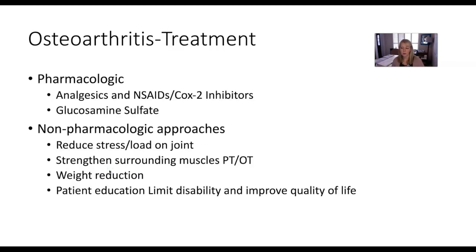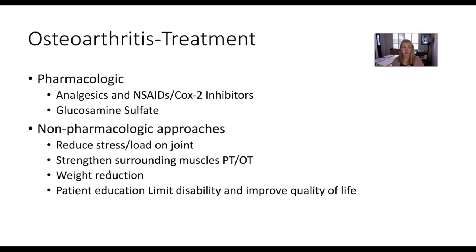How are we going to treat it? Well, NSAIDs, analgesics, COX-2 inhibitors. You can tell them to get some glucosamine, chondroitin. As far as analgesics and NSAIDs, now Tylenol is what's recommended. NSAIDs people like to take because many say they just work better.